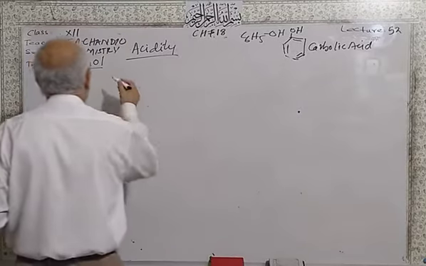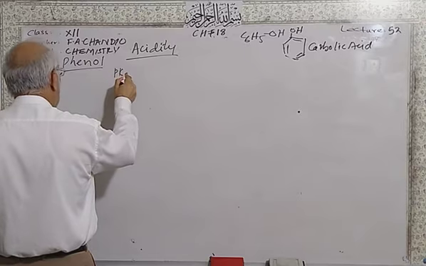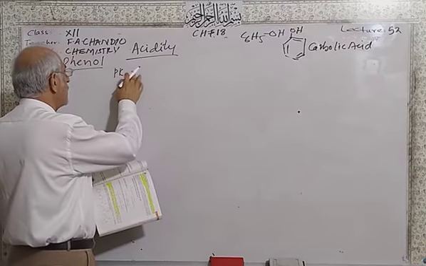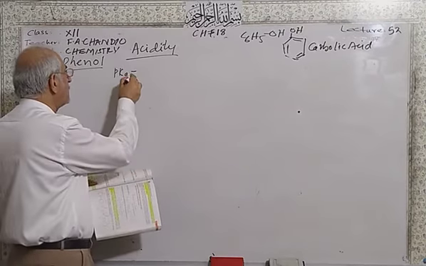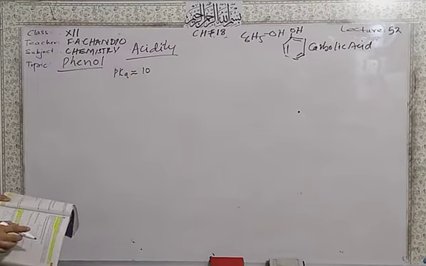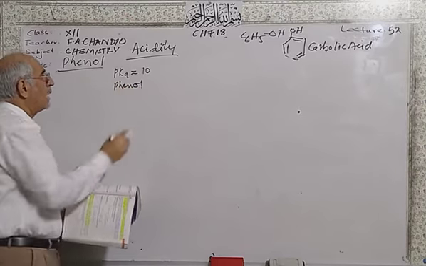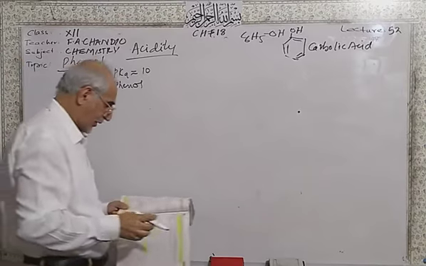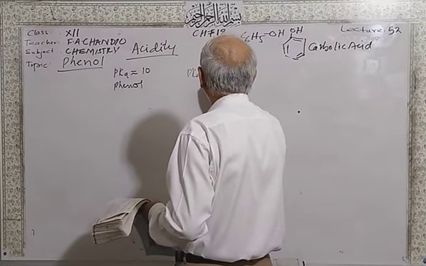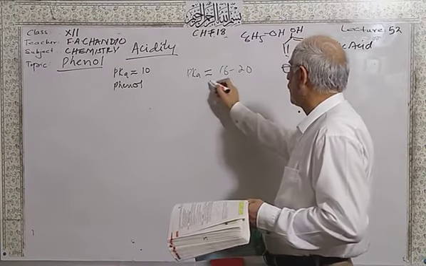The pKa value for phenol is less, approximately 10, and for alcohol approximately 16 to 20.